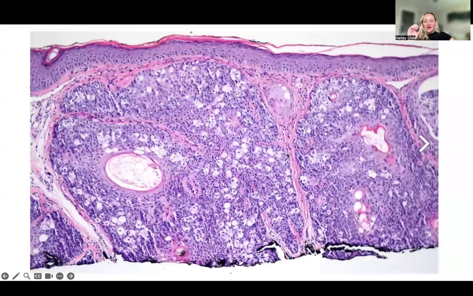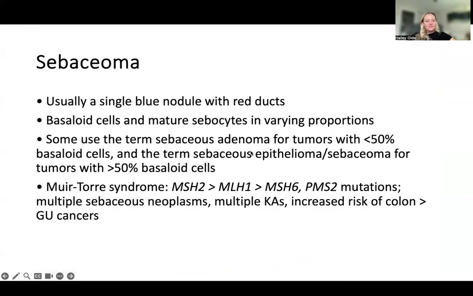Okay, next one. So you can tell this is sebaceous. You see some sebocytes here, but you also see more basaloid cells in there too. It's not just all sebocytes. So this is sebaceoma. You have basaloid and mature sebocytes in varying proportions.